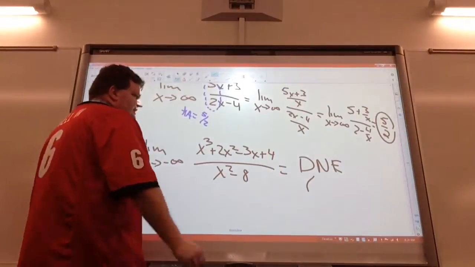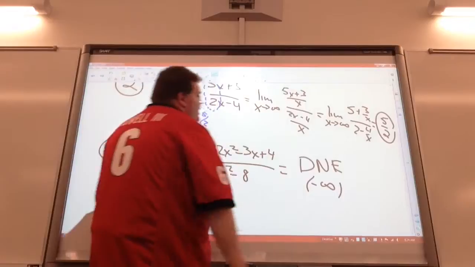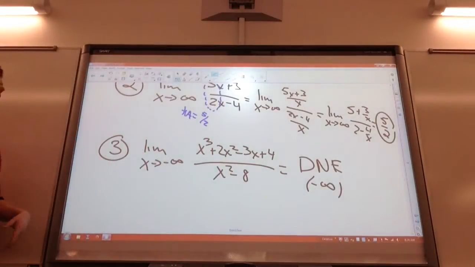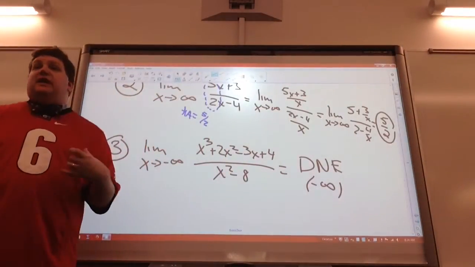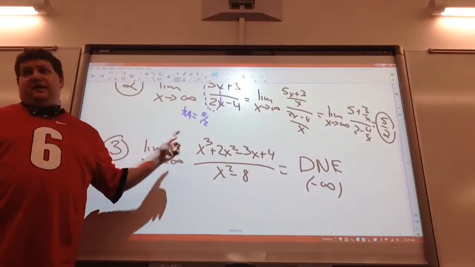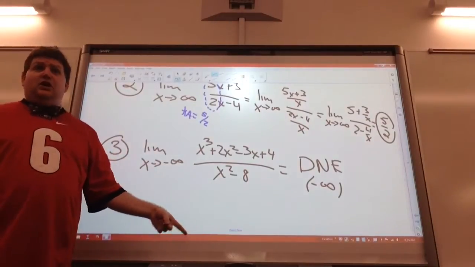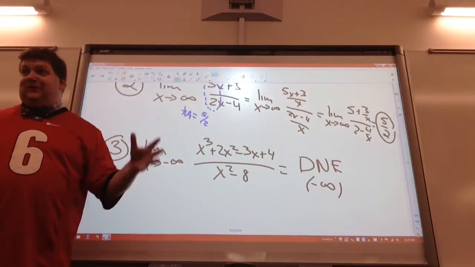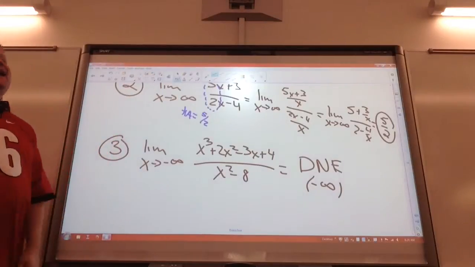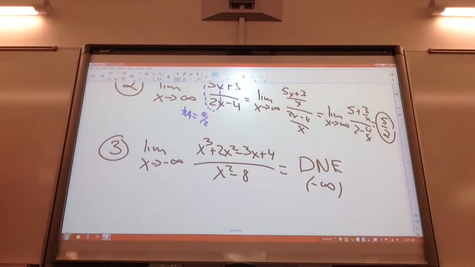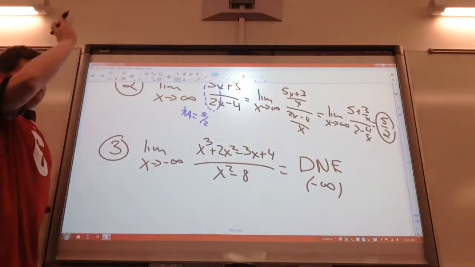Technically, it's going to go to negative infinity. How do I know? The top has a larger degree than the bottom. 3 is bigger than 2, so the thing will diverge. It won't go to any point. It just shoots off into infinity.